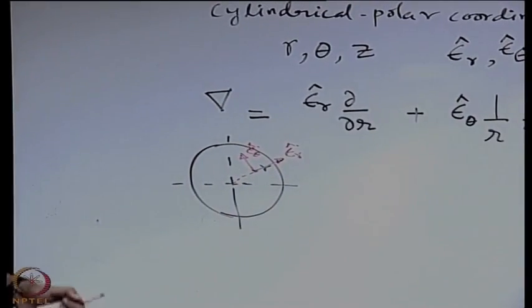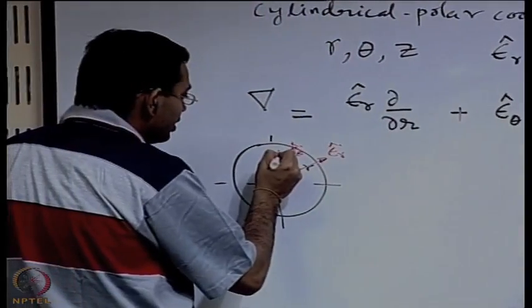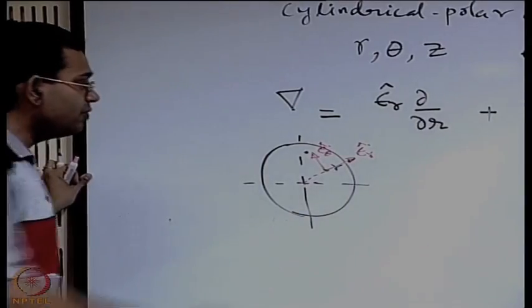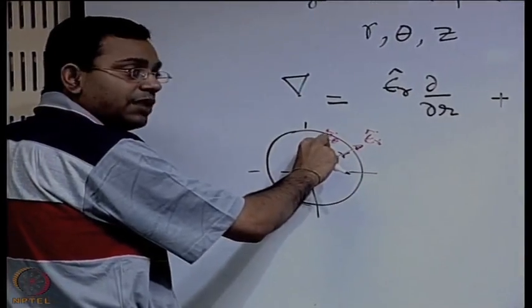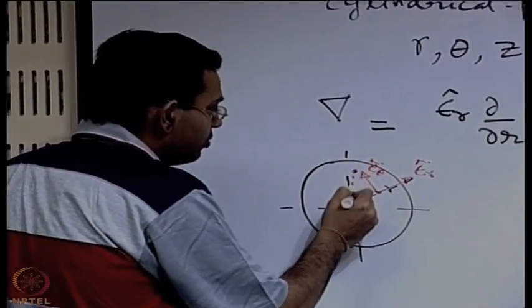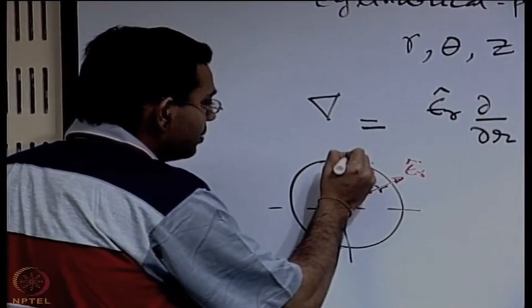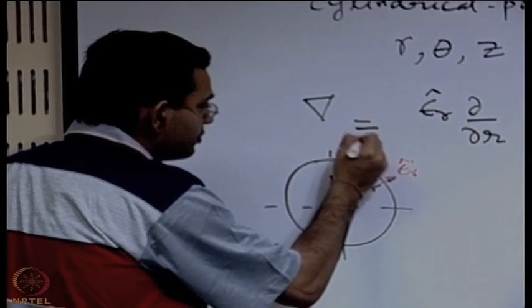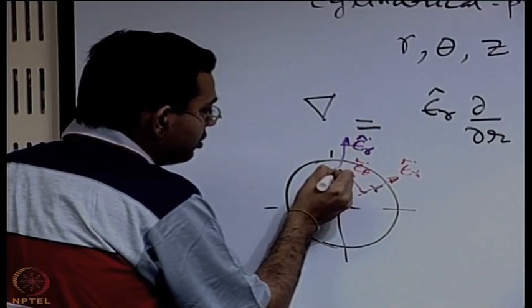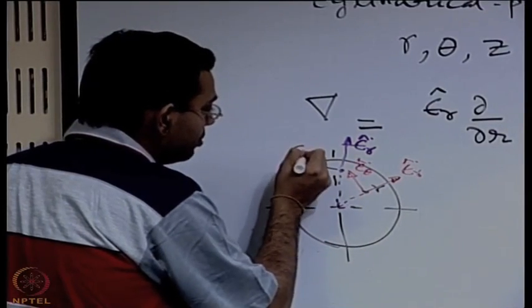You go now to a different point. Even if you keep the radial magnitude the same, what will be your epsilon r? Your epsilon r will be this, and your epsilon theta will again be perpendicular to that.